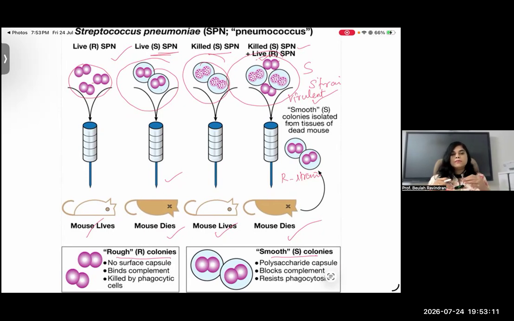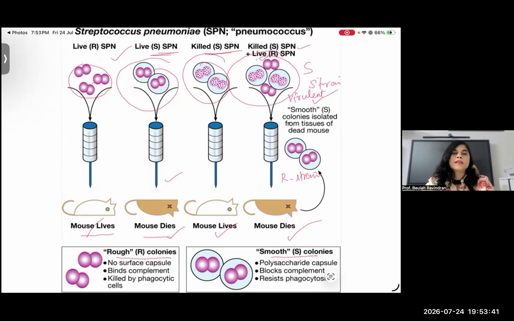When the live R strain is injected into the mouse, it lives. The S strain is injected into the mouse, and it dies. Heat-killed S strain is injected into the mouse, and it lives. Then both heat-killed S strain and live R strain are injected into the mouse, and the mouse dies.